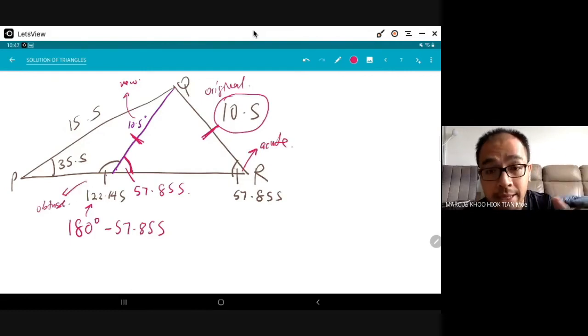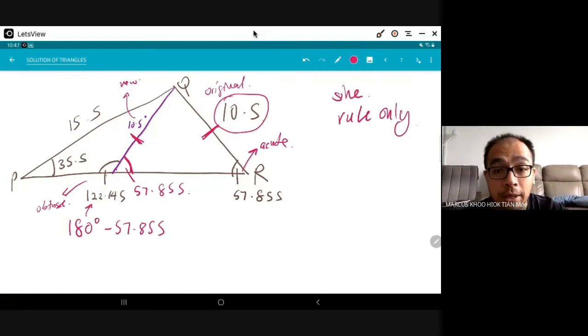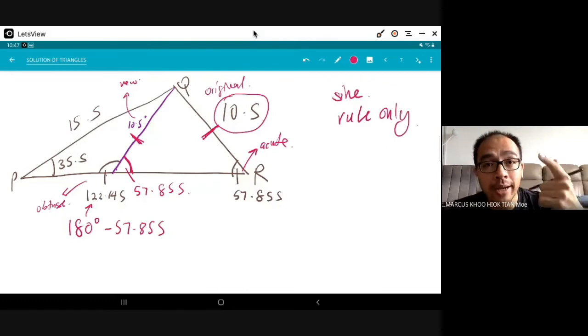As I said just now, this is very special for sine rule only. After this, we're going to learn another rule, I think on Thursday, which we're not going to talk about today. Today, I want to focus on sine rule only. So for sine rule, we must be very careful. Look at the gambar raja properly. Look at the figure properly.